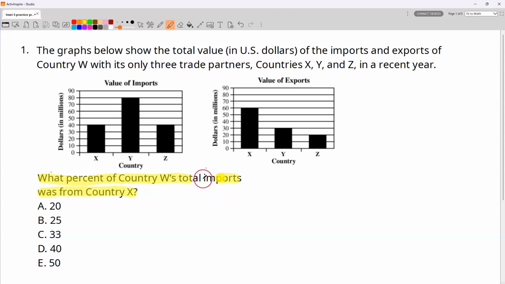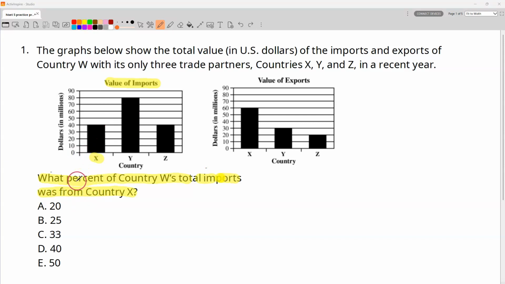We're dealing with total imports, right? Which is right here. Not the exports, just the imports. So we're just looking at this graph. And we want to know what percent of country W's total imports was from country X, which is right here.